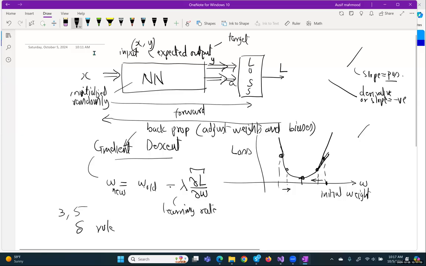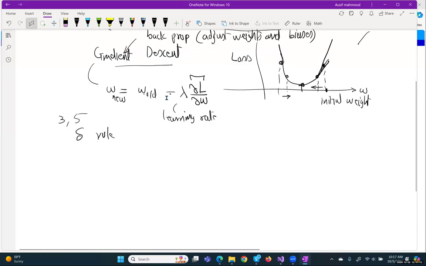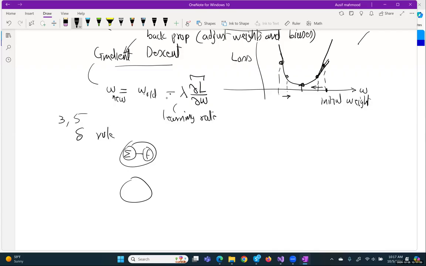And the idea in the delta rule, if you remember, was if we have some neurons, every neuron does a summation, then an activation function, a summation, then an activation function, right? Then it goes to another neuron, summation, activation function. Okay, so let's pretend we have a 3 neuron network.